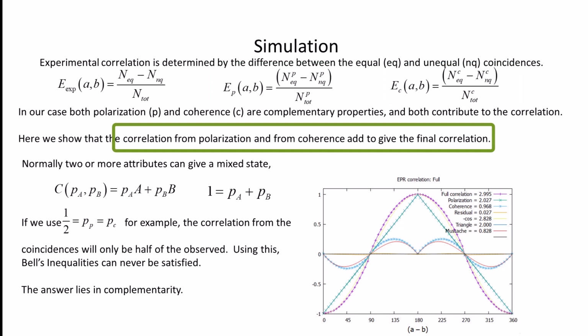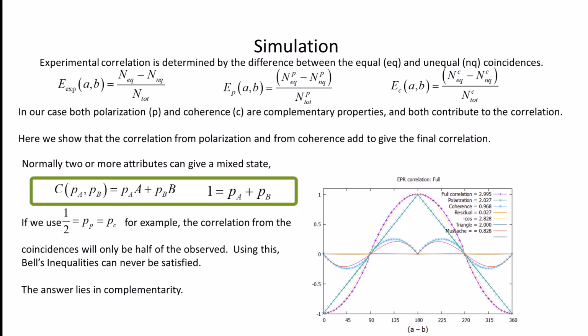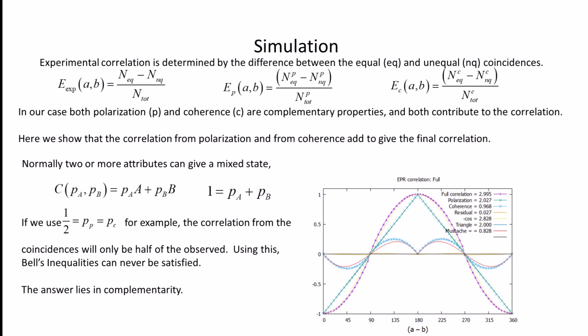In this section, that is justified. Normally, two or more contributions to an observable are added, but each is weighted by its probability. In this case, there is a difference between the two processes because they are complementary, which means that the n equal and the n non-equal clicks are distributed between the polarization clicks or the coherent clicks, not between the polarization clicks and coherence clicks.